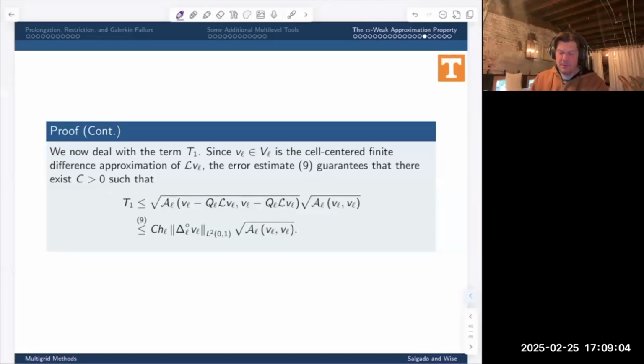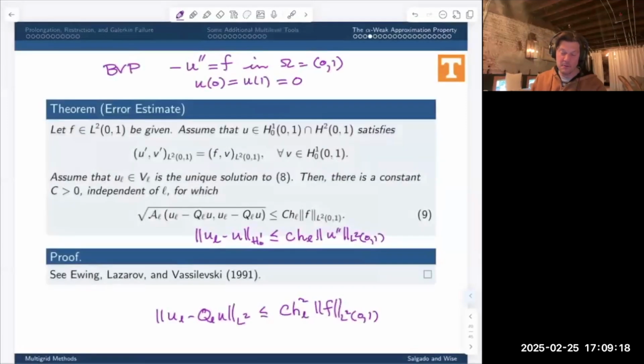So the first thing we do is Cauchy-Schwarz, and then we're going to apply the error estimate that we had previously. Okay, so what does the error estimate say? Error estimate 9 says that, whatever this object is here, I'm going to take that and project it.